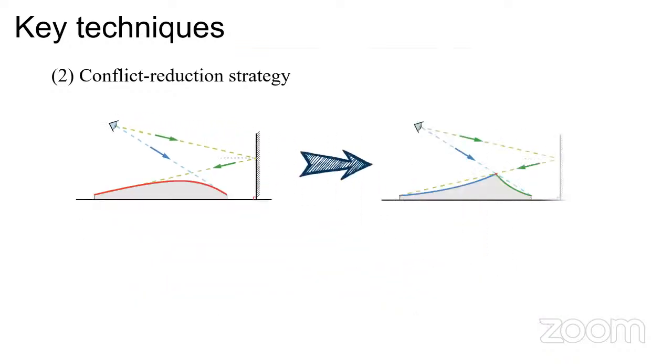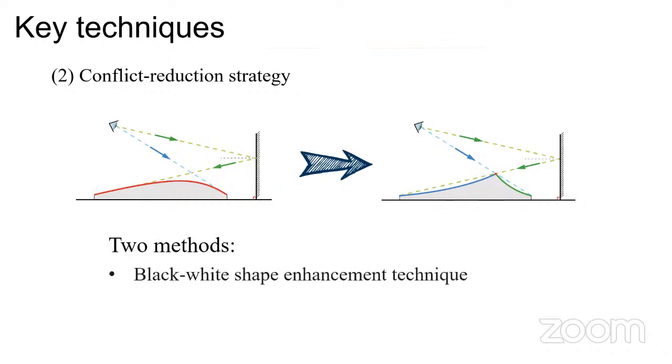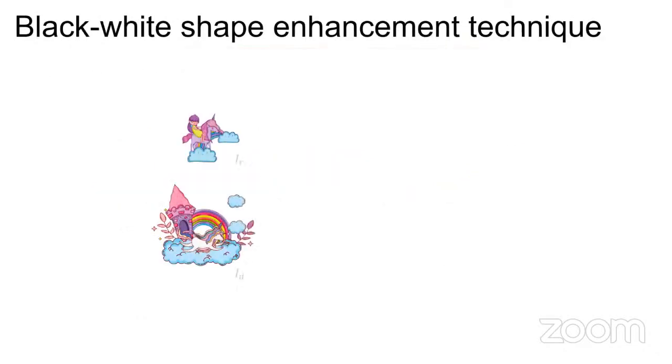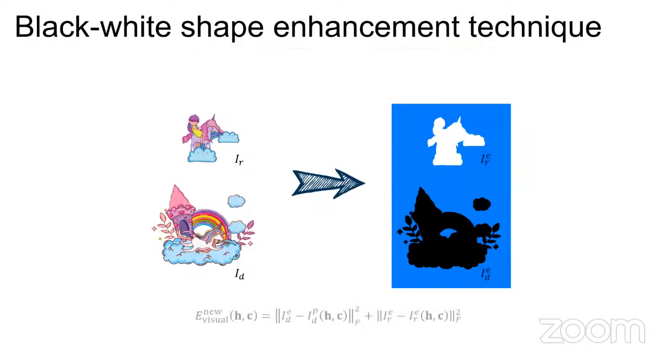To reduce as many conflict areas as possible while maintaining low geometry distortion, we propose two methods based on their cost: the black-white shape enhancement technique and the sparse spike strategy. We replace the input images IR and ID with images containing contrasting colors.